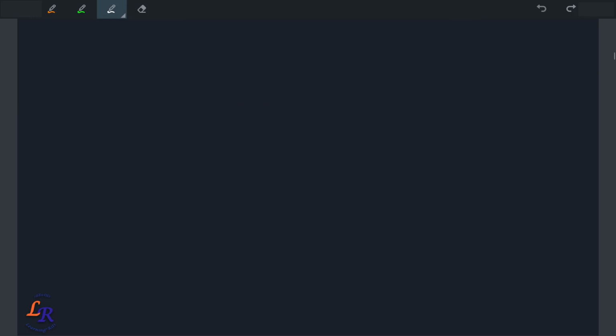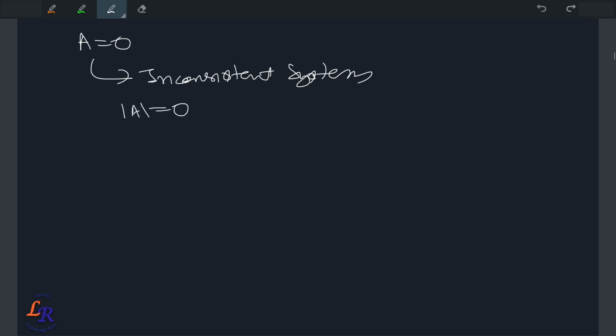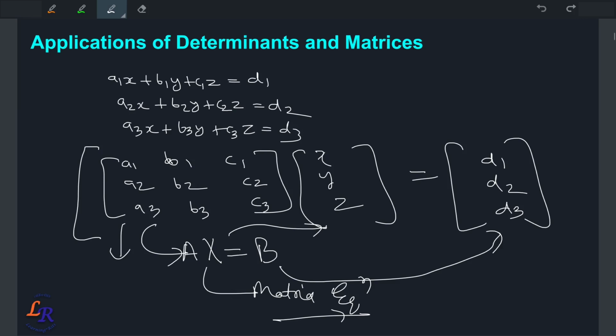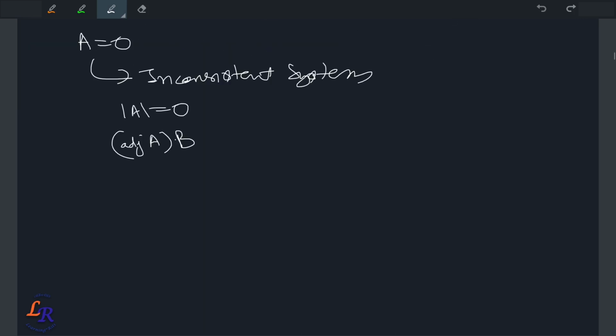Now the other case arises when the determinant of A is equal to 0. Such systems of equations are called inconsistent systems. In such a case, you find the value of adjoint A multiplied by B. You have some equation AX is equal to B, and the determinant of A is equal to 0.